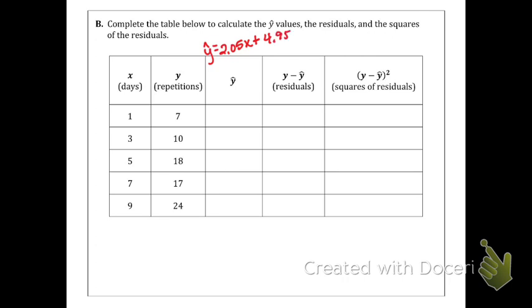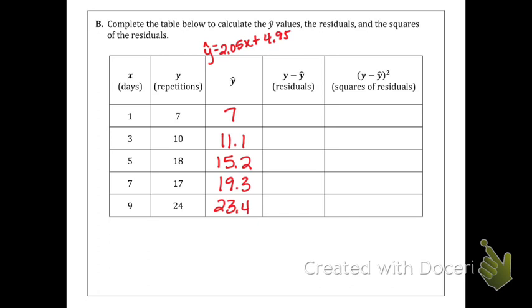So if nothing else, we can type that in as y equals, go to our table, and look where x is 1, 3, 5, 7, and 9, and pull those values off. And so at 1, it's 7. At 3, it's 11.1. At 5, it's 15.2. At 7, it's 19.3. And at 9, it is 23.4.